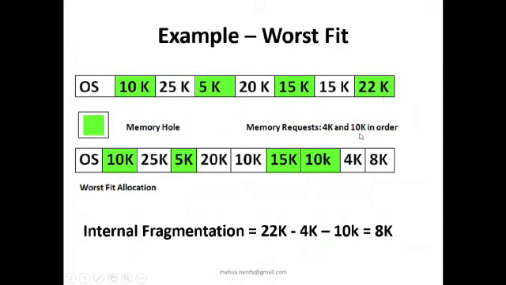So 10K will also be allocated to that 18K hole, leaving behind 8K. So total internal fragmentation is 22K minus 4K minus 10K equal to 8K.